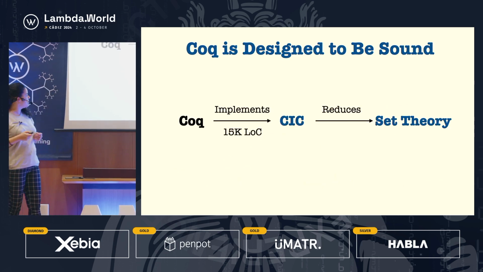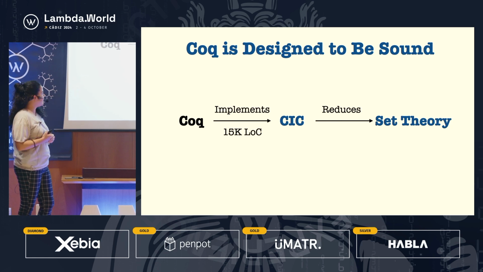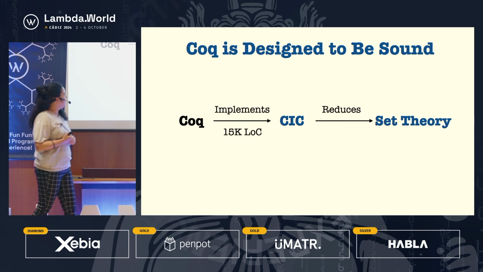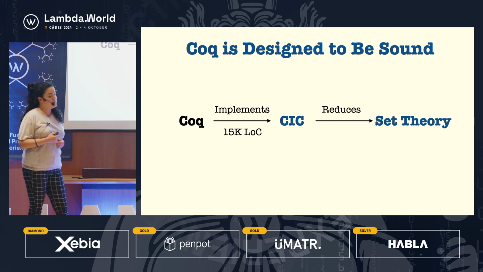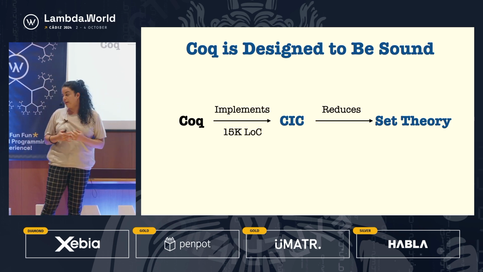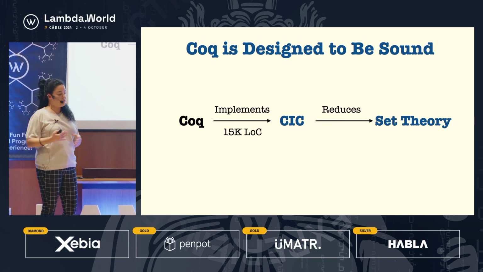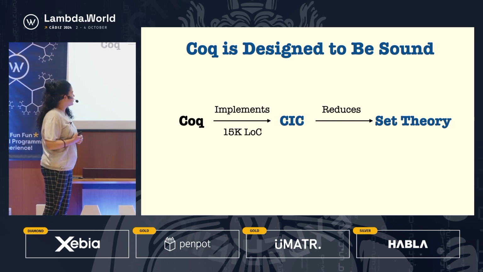So in comparison, Coq has a tiny kernel, 15K lines of code. We implement CIC, which reduces to set theory. And set theory, we have reasons to believe that it is consistent, which means that CIC, the calculus of inductive constructions, is also correct.